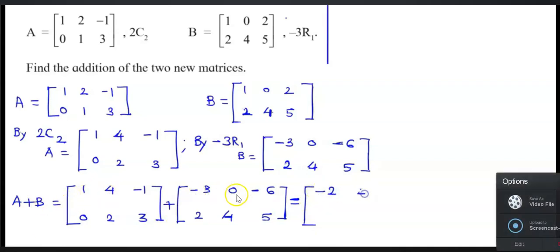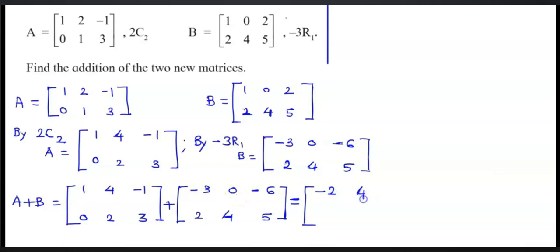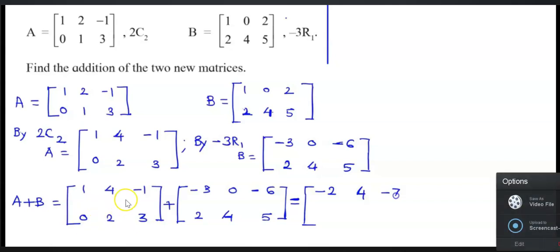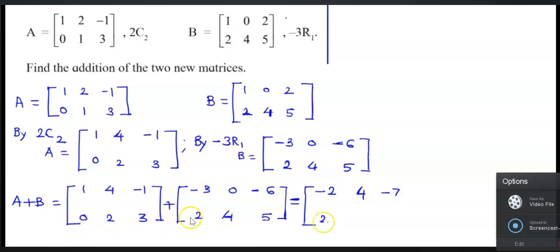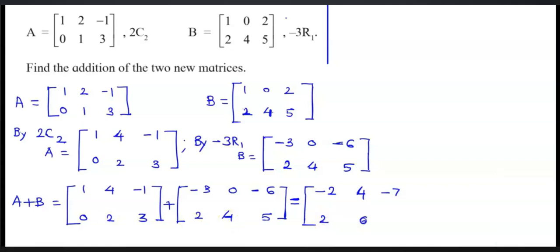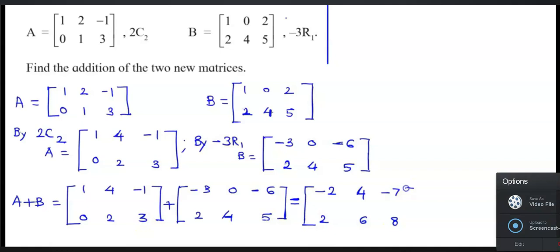Second, 4 plus 0 is 4. Next, minus 1 minus 6 is minus 7. And next, 0 plus 2 is 2, 2 plus 4 is 6, and 3 plus 5 is 8.